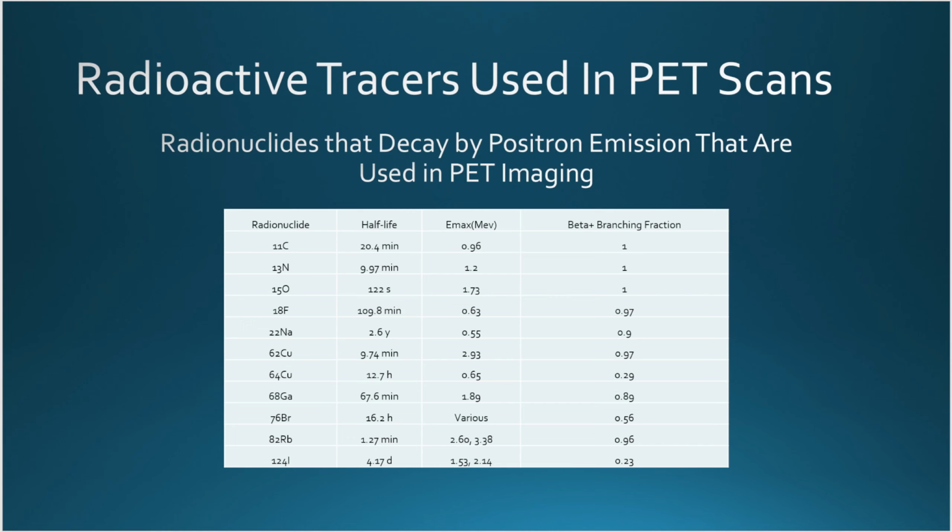You can see we have carbon 11, nitrogen 13, oxygen 15, fluorine 18, sodium 22, copper 62, copper 64, gallium 68, bromine 76, rubidium 82, and iodine 124. I have also listed the half-lives, the energy maxes in mega electron volts, and the beta plus branching fraction. Feel free to pause and read those if you are interested.